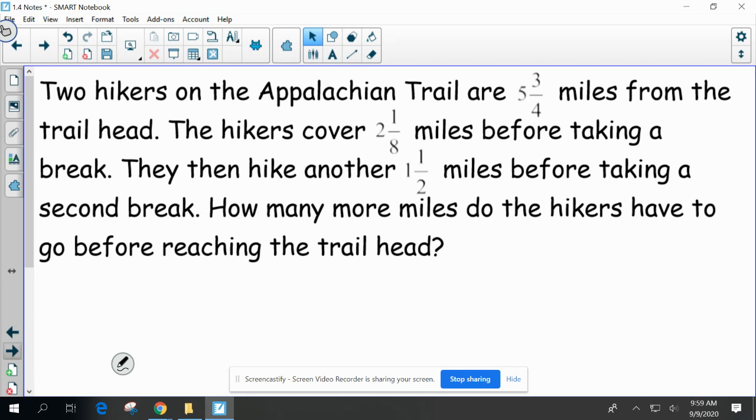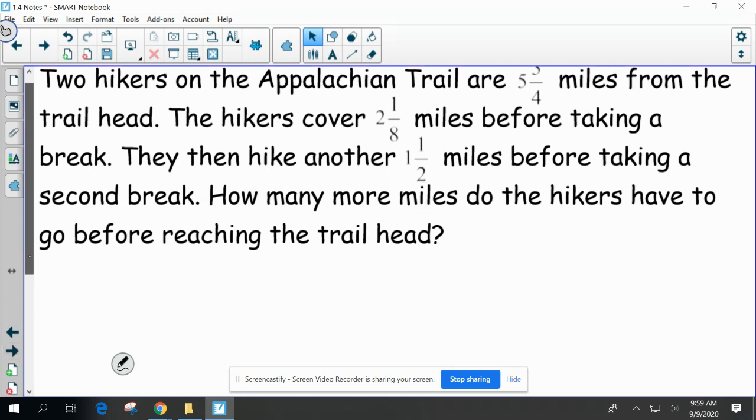Add them together. Yeah. So if I already ran 6 laps, but I told you that I need to run 2 miles today, how many laps do I have left? 2 laps, right? If I need to run 2 miles today, then I have 2 more laps to go. I subtracted my total that I've already done from the amount that I need. So I'm going to need to add 2 1/8 plus 1.5. I need to add that.